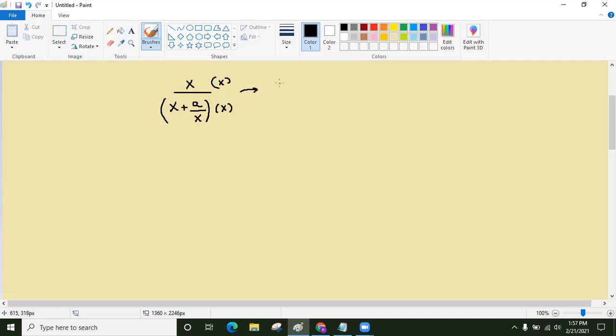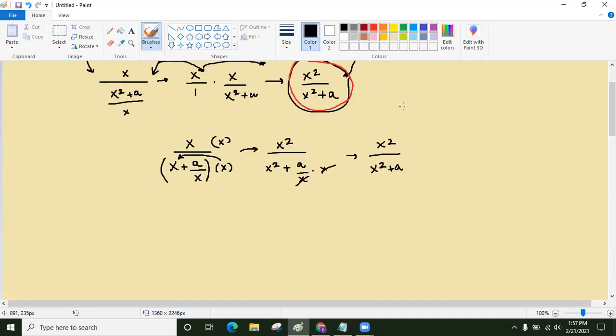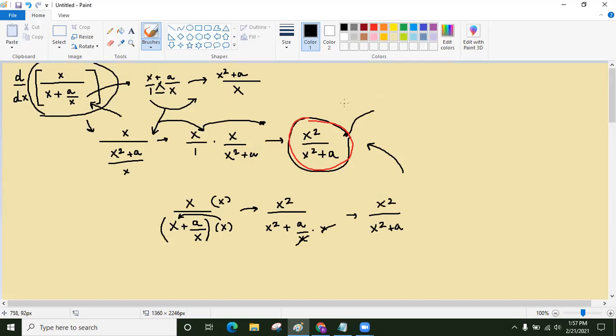If we do this here, we get x squared in the top, and then distributing the x to both the x and the a over x, we get x squared plus a over x times x, which cancels out the x's, so we get x squared over x squared plus a, which is the same thing that we got through our previous logical deduction.